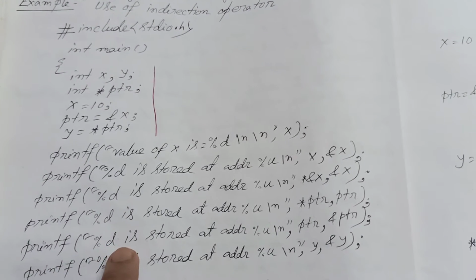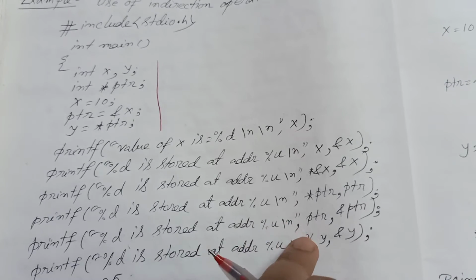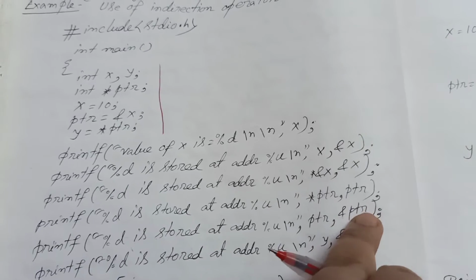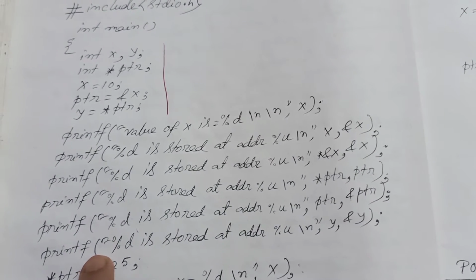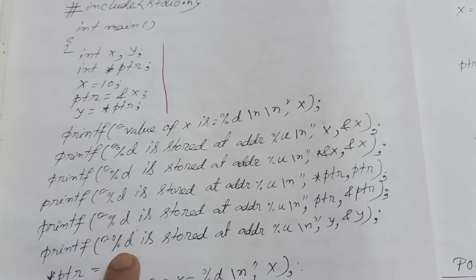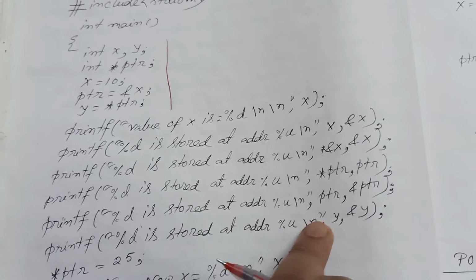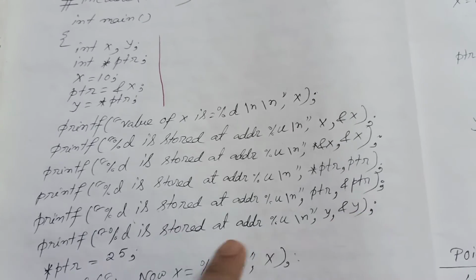Now printf %d is stored at address %u, quotation complete, ptr comma ampersand ptr. Let's take another printf, that is %d is stored at address %u, quotation complete, y comma ampersand y.